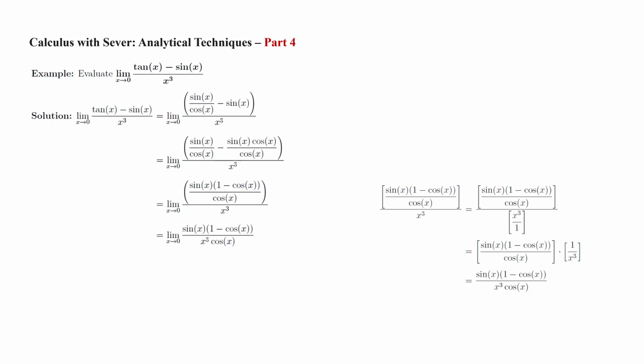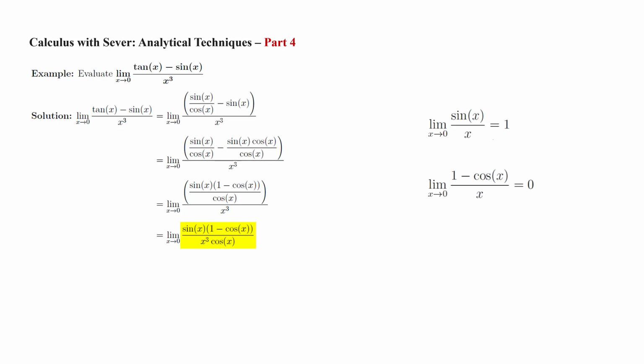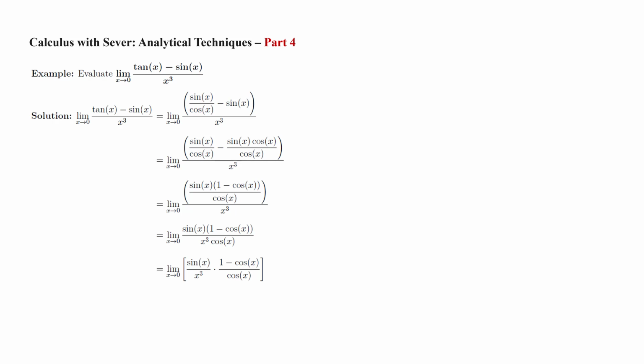Now, we can start to see some elements of our two favored limits that I mentioned, but they are not perfectly represented. So what we want to try is to consider, can we break this function up into several pieces where the limit of each of the pieces would exist.